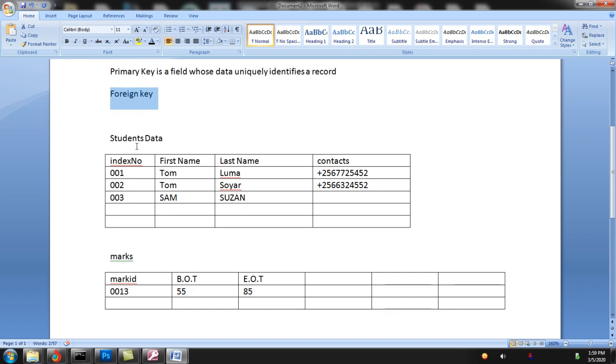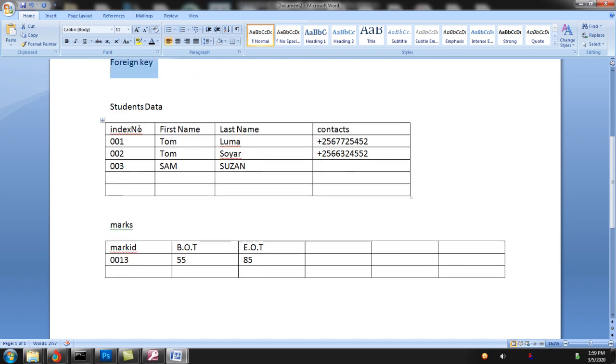A foreign key is a field whose data has been used as a primary key in one of the tables. That means that we need to identify that this mark belongs to Tom Sawyer. So we shall have an index number there. We shall not enter his name, but we shall enter that marks 55 and 85 belong to number 002.